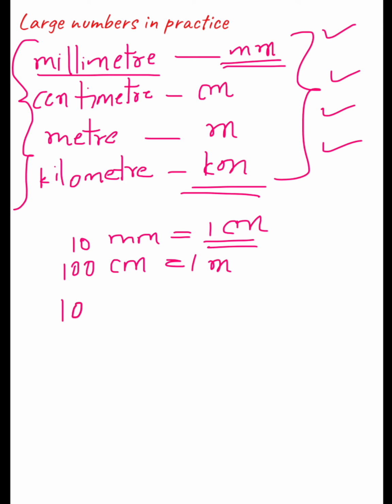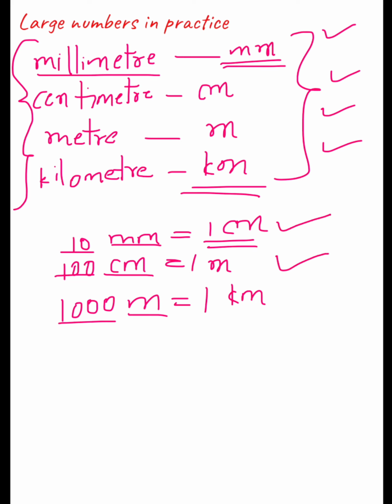Now, when you take 1000 meter, then you will get what? 1 kilometer. So, this is the relation between all these things, that is 10, 100, 1000. 10 millimeter will make 1 centimeter, 100 centimeter will make 1 meter, 1000 meter will make 1 kilometer.